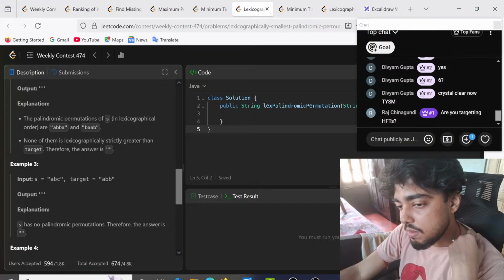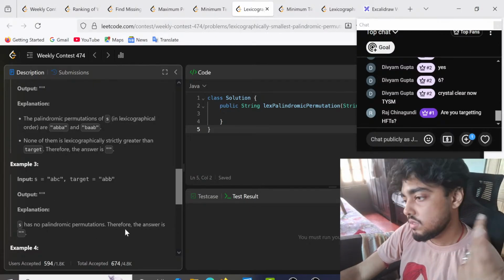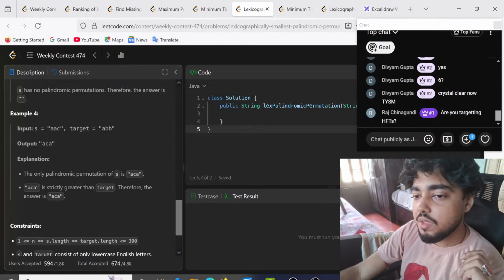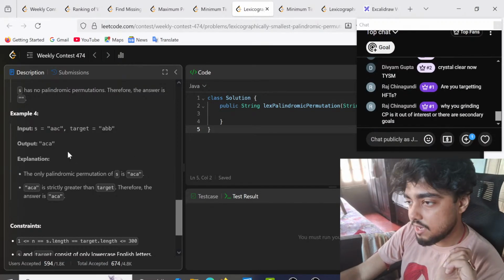ABC, ABB. ABC can never make a palindrome, so it's blank. Okay. So I hope the question is clear. AAC, only one palindrome is there, ACA.